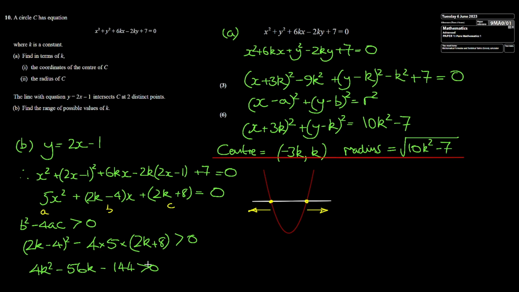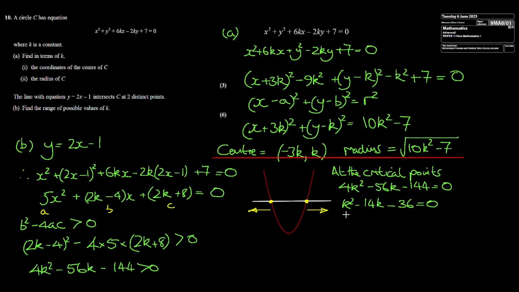For me, I've got to remove this inequality sign before I can factorise, because I can say at the critical points, this inequality can be transformed into an equation. Taking the factor of 4 out, I get k squared minus 14k minus 36 equals 0.